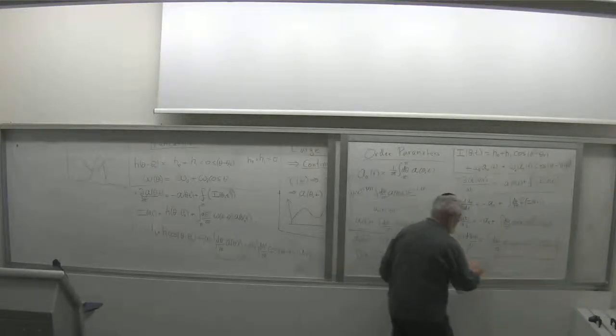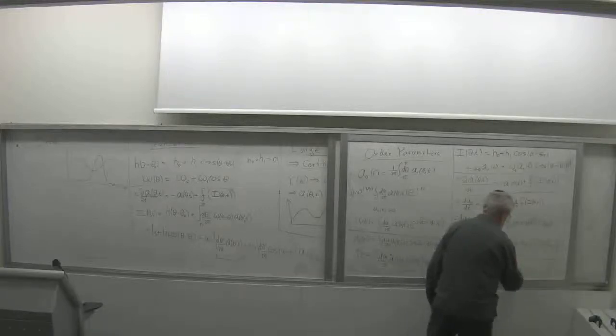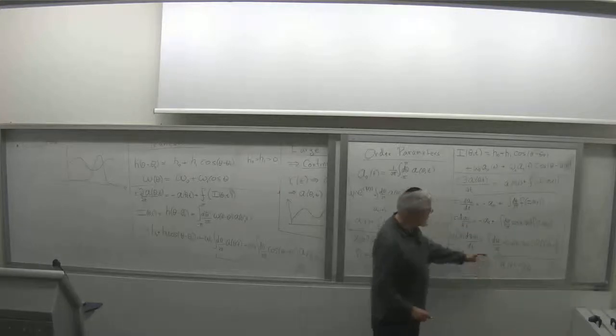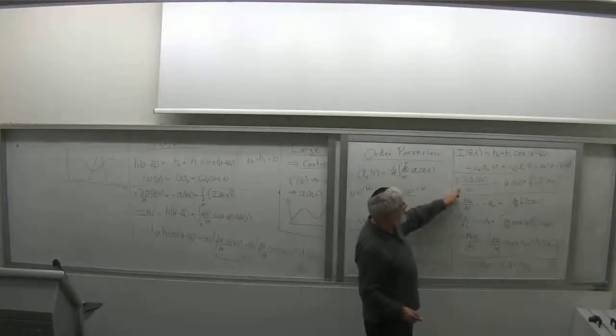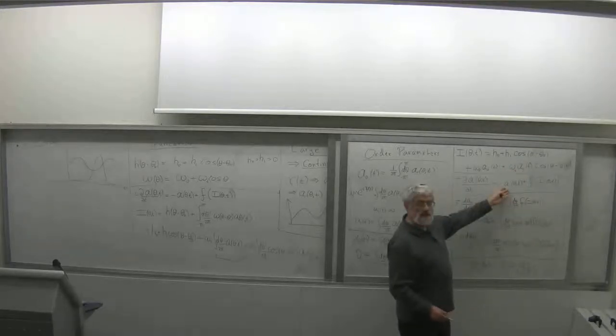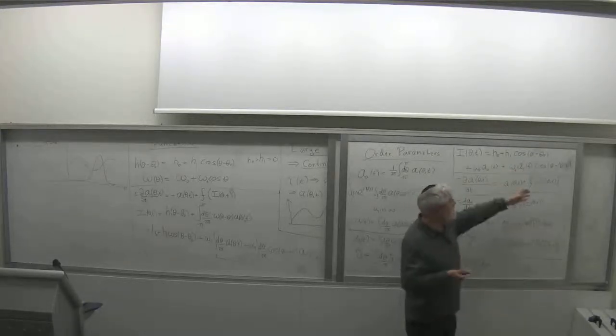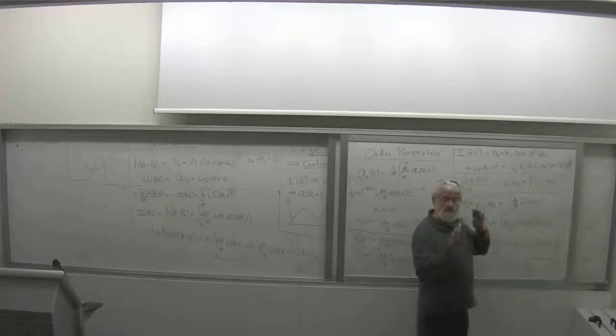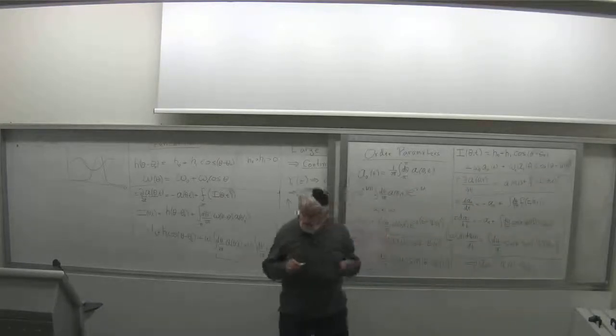From these equations, you get A0 as a function of time, A1 as a function of time, and psi as a function of time. Once you have this, you can go back here, plug it into I, and just integrate this equation. You don't have to solve anymore because you already know what I is. Very simple.